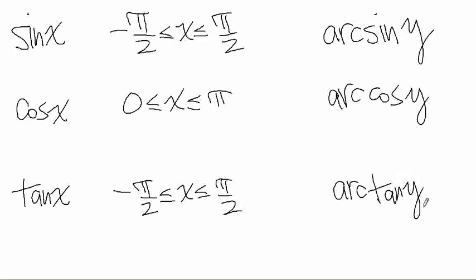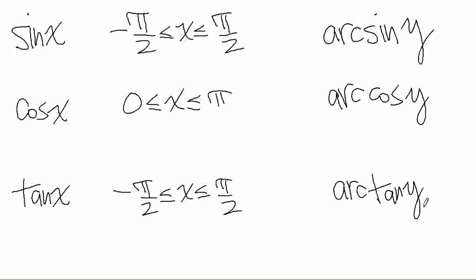Now I'm using a different letter to remind ourselves that these are inverse functions. We take the sine, cosine, and tangent of angle measures, right? When we evaluate the arcsine, arccosine, and arctangent, the answers will correspond to angle measures.